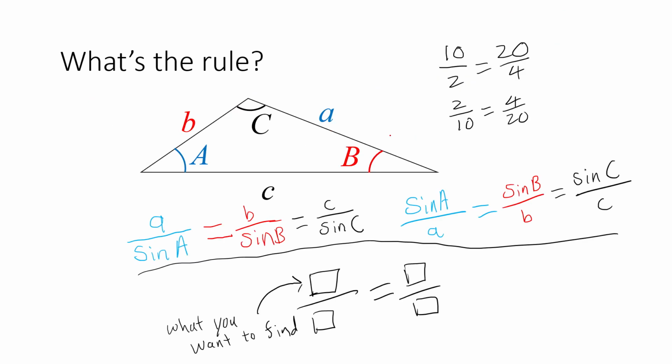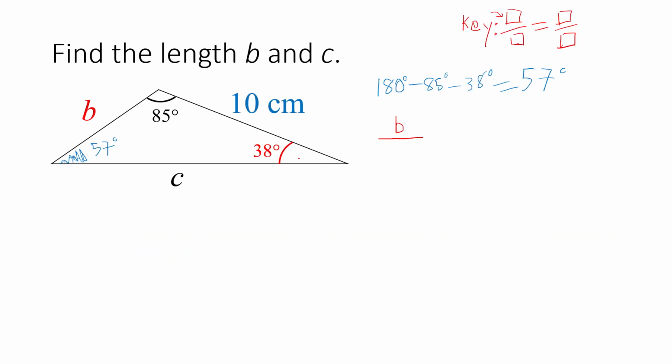remember sine rule. So sine rule is sine the angle. So what's this angle? Sine 38 degrees. Alright? Is equal to, since on top we wrote the length, over here the numerator, we must also write the length.